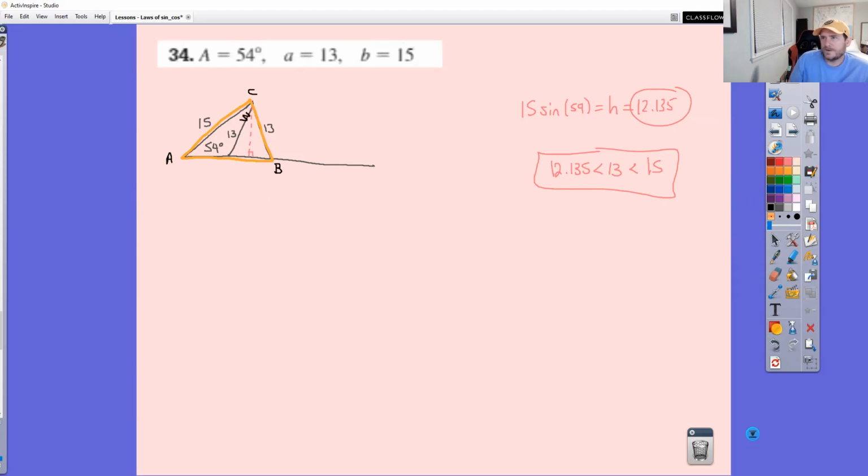So we're kind of ignoring this thing for the moment. We've got the 13 and the 54. We've got the 15 and B. So we're going to try to solve for angle B first. So we take the sine of the 54, divide it by 13. Set that equal to the sine of whatever B is, divided by the side opposite from B, which is 15.